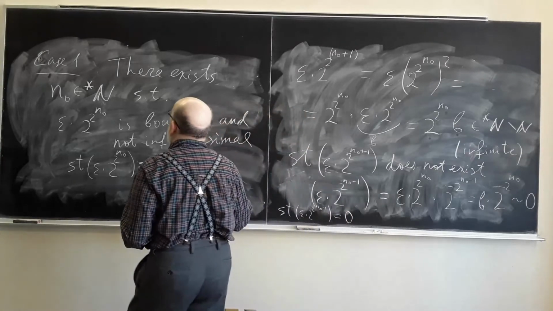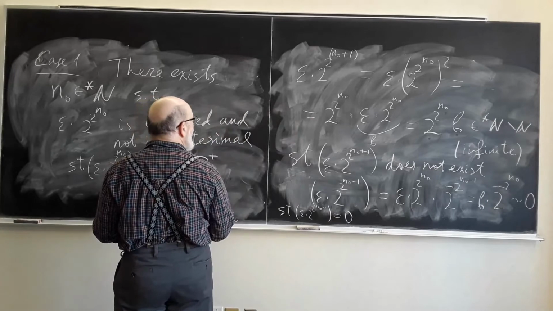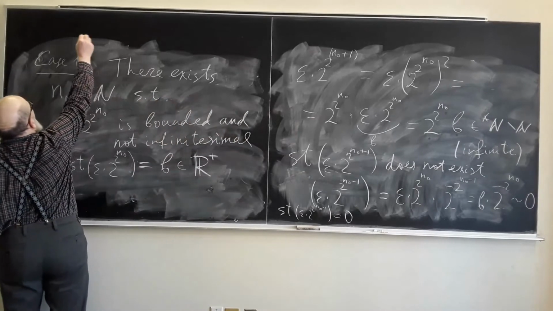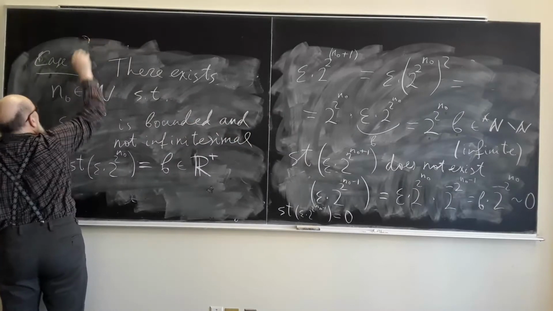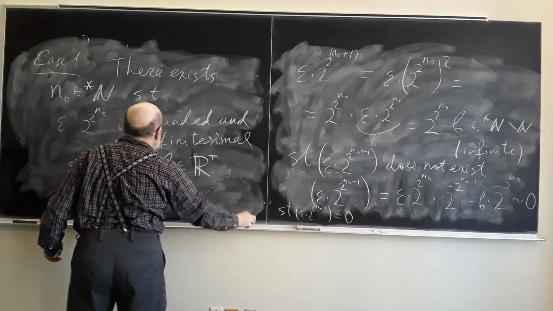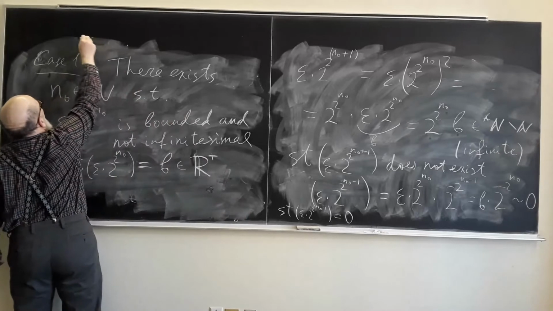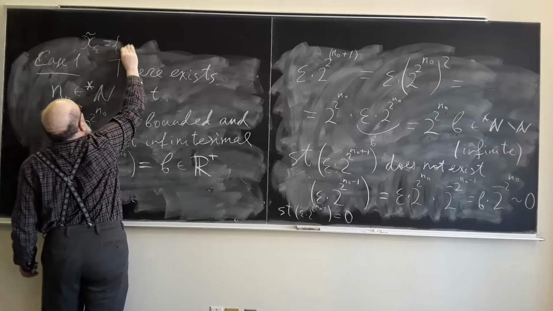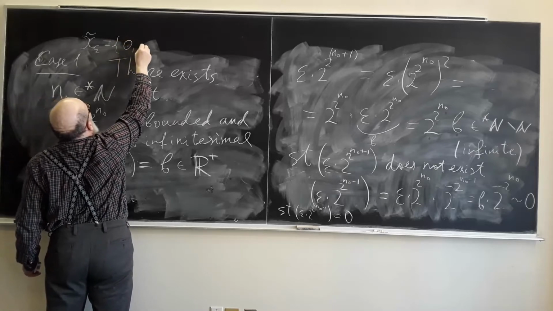And so in this case, we have that this asymptotic space consists of just 2 points, 0 and b.